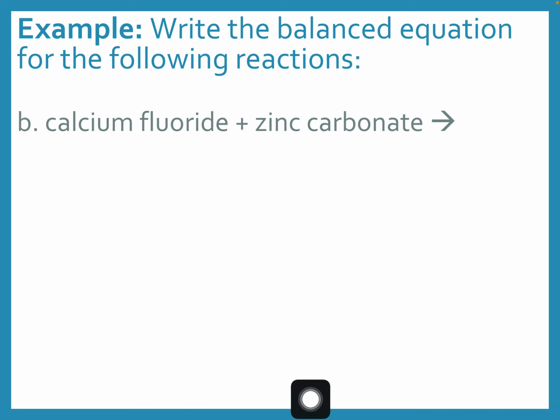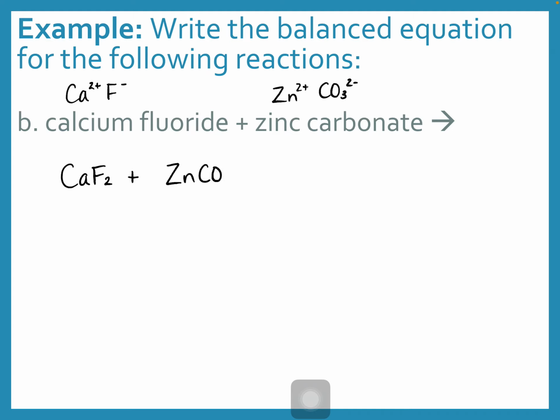Next, calcium fluoride and zinc carbonate. Calcium is a 2 plus, fluorine is a 1 minus, zinc is 2 plus, carbonate is CO3 2 minus. So calcium fluoride is going to be CaF2, and zinc carbonate, we have 2 and 2, so it's a 1-to-1 ratio.